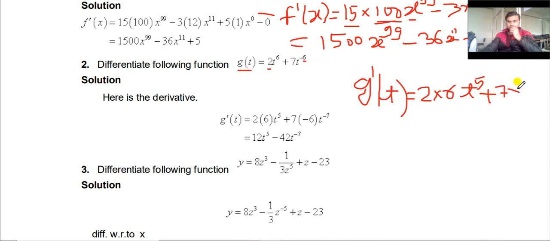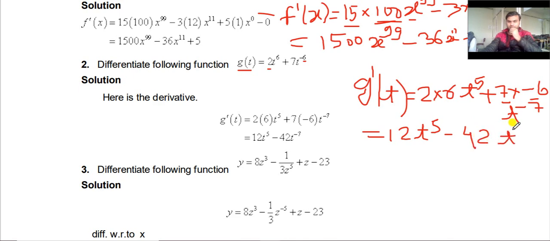So this minus 6 comes in front and t to the power minus 6 minus 1, minus 7. So here 2 sixes are 12, t to the power 5, 7 into minus 6, that is minus 42 and t to the power minus 7. So this is your final answer of this question.